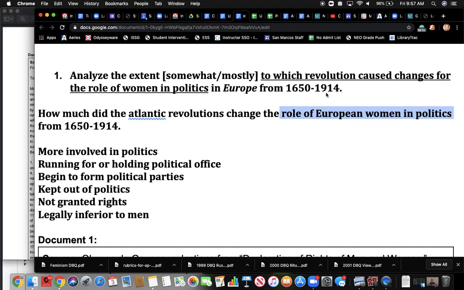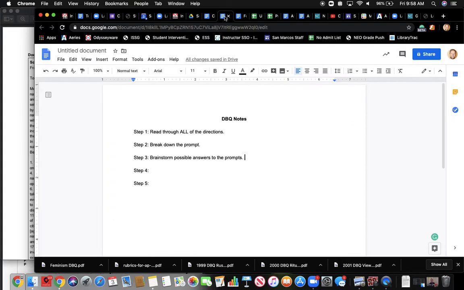And again, I'm sure some of you have already read chapter 17 and you read the section. You probably have an in general idea how to answer the prompt. So the goal now is to then just start to look at these documents and start to figure out, okay, where's the evidence? What do the documents say in order to answer this question? So step 3 is always to brainstorm possible answers.